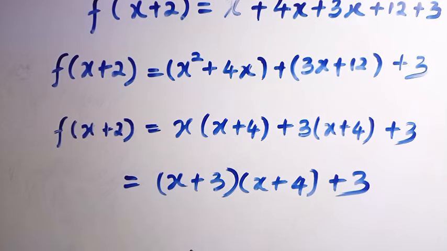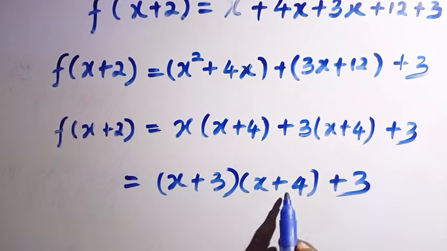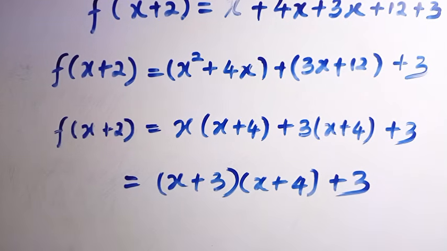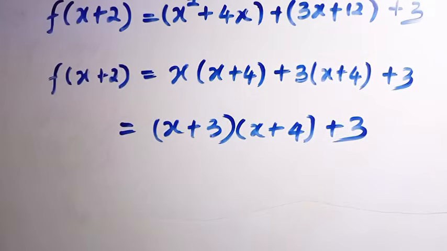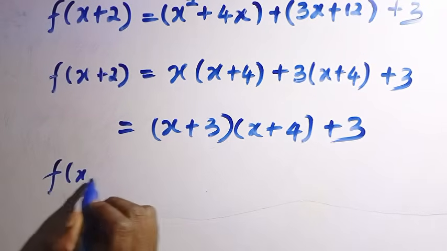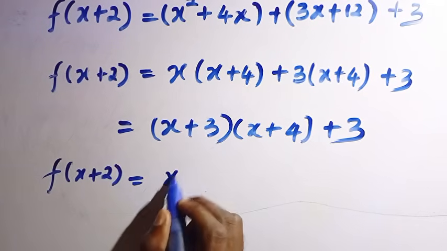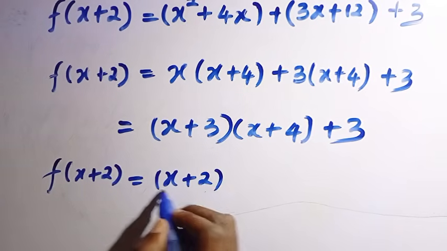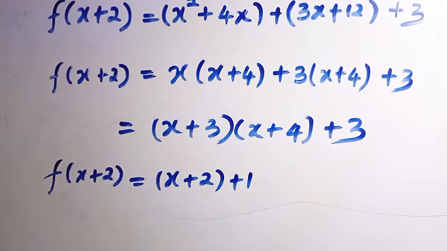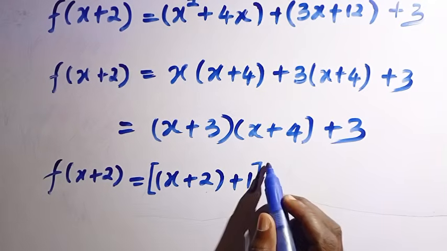But here I want to make sure about the domain, so we do a little manipulation. We have f of x plus 2 equals, if I change this to x plus 2 then plus 1, this also gives us x plus 3, and I bracket this.